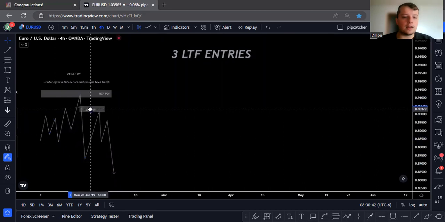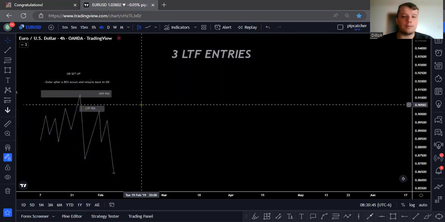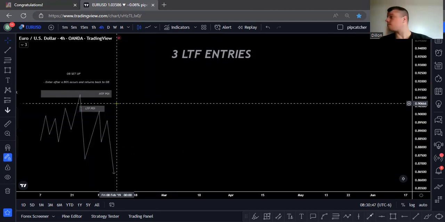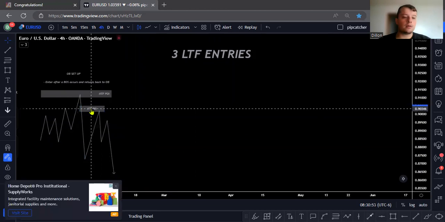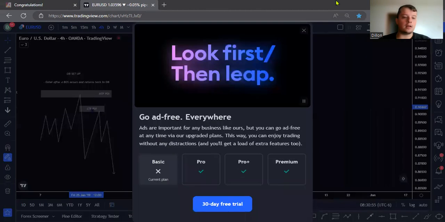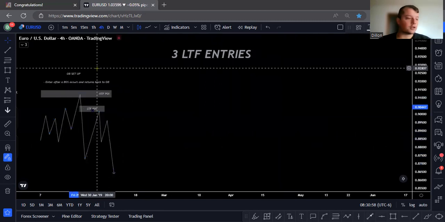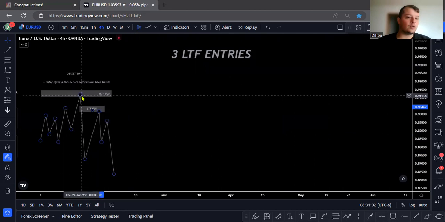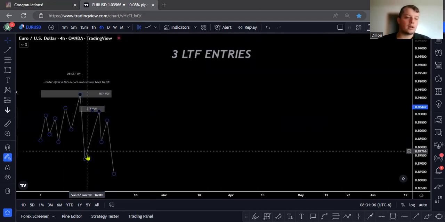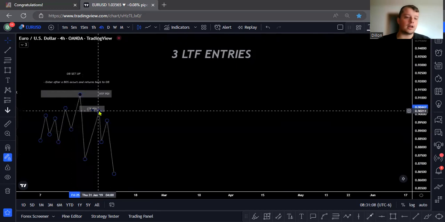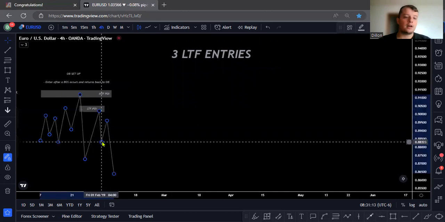It's not the end-all be-all of trading, but what this would be called in Wyckoff terminology is your UTAD or your UT, and then this would be your LPSY, which would be that last point of supply.